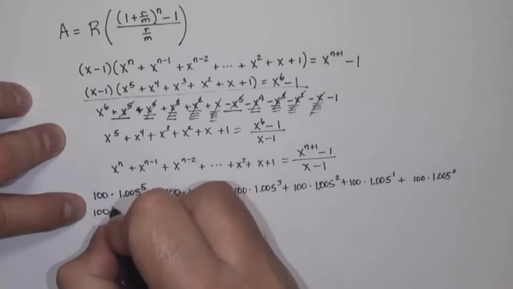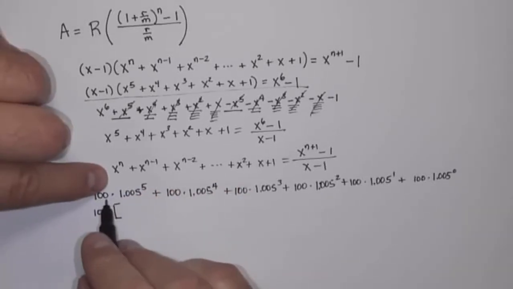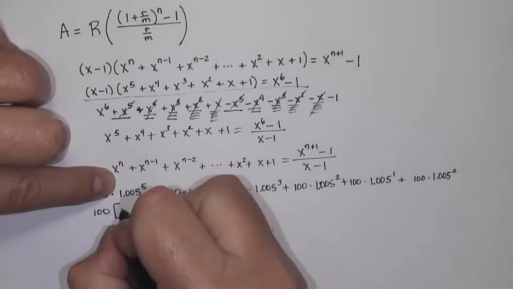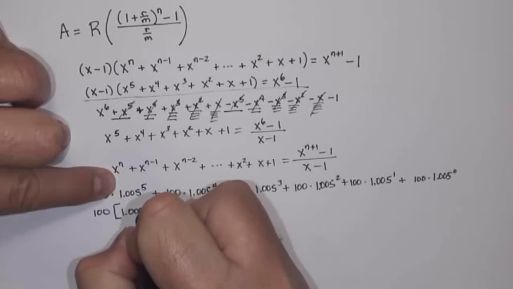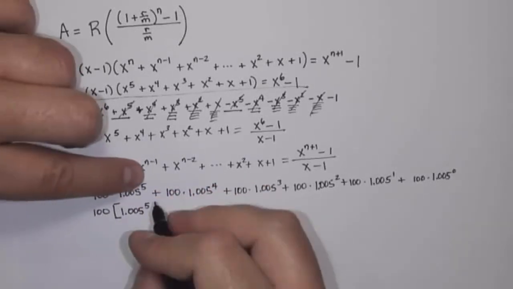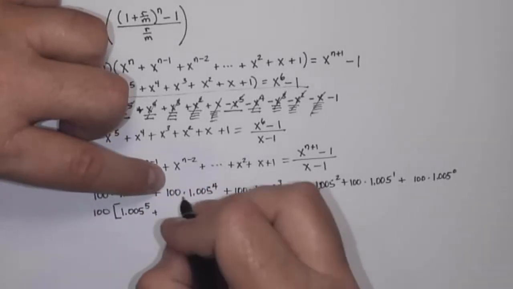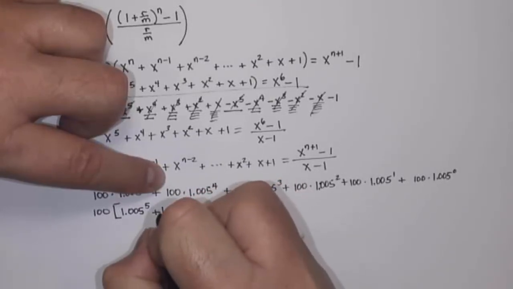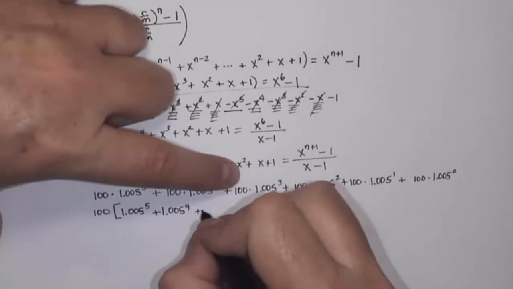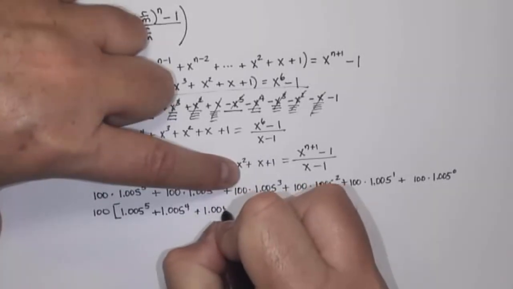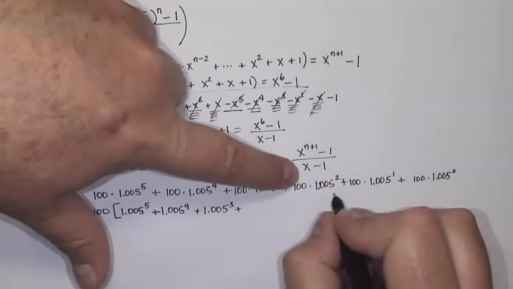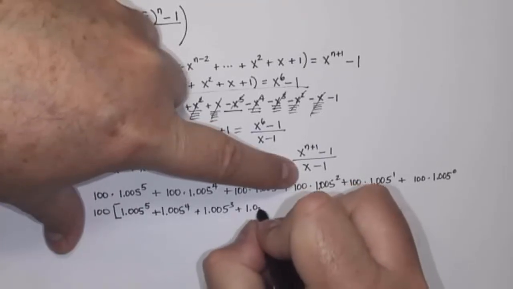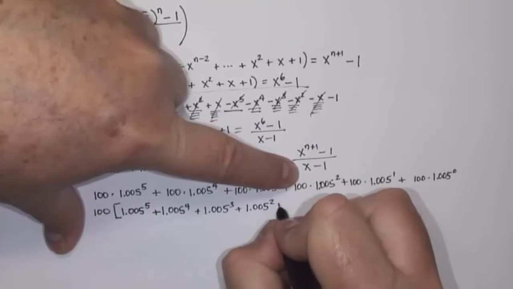So if I factor out the 100, then factoring 100 out of this is going to leave the 1.005 to the 5th power. Plus, factoring the 100 out of this is going to leave 1.005 to the 4th power. Plus, factoring the 100 out of here leaves 1.005 cubed. Plus, 1.005 squared.